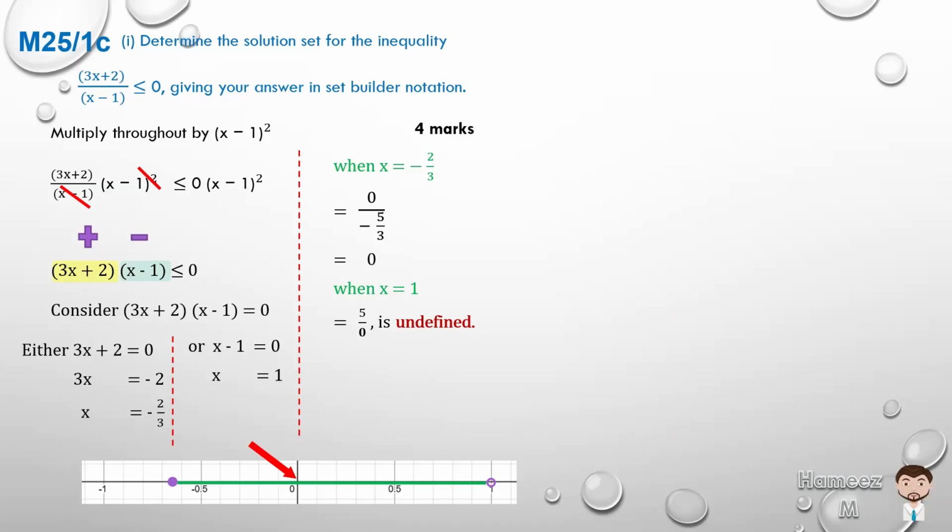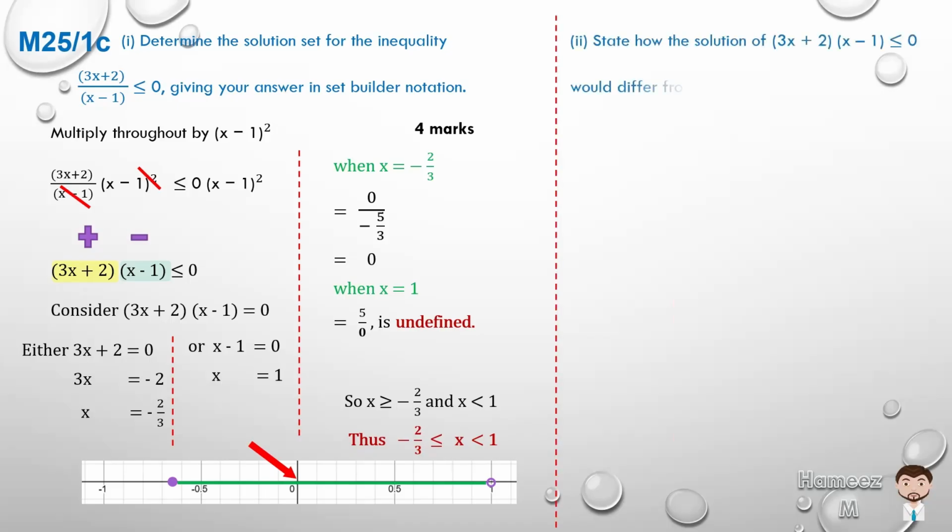We cannot get a result. So let's write that. When x is greater than or equal to minus 2/3, going to the right of it, and when x is less than 1, our green line shows the solution. So we could write it as minus 2/3 is less than or equal to x, which is less than 1. And this is the solution for the rational expression, 3x plus 2 over x minus 1.